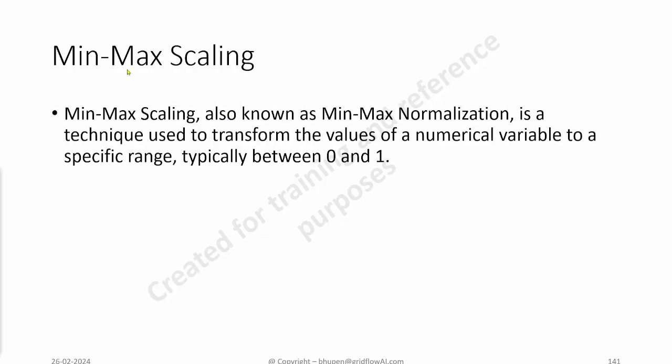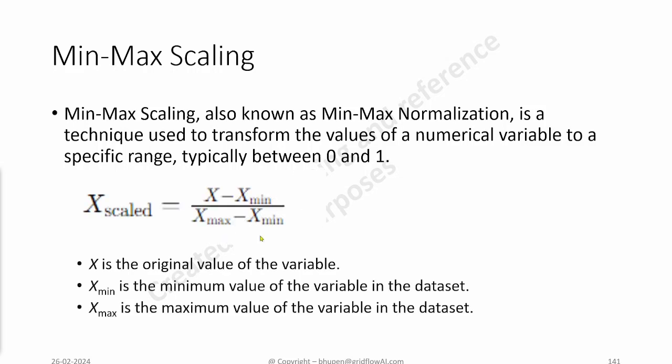So let's talk about min-max scaling. It's also known as min-max normalization. It's a technique which converts the data series to a specific range. So you can mention the range. Let's say the range is between 5 and 10, or 0 and 1 is the default. This is the formula which is used, and let me give you the meaning of it. Let's say we have a column where the values are 1, 2, 3, 4, 5.